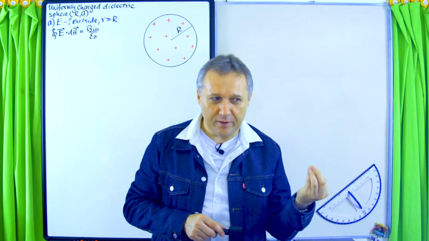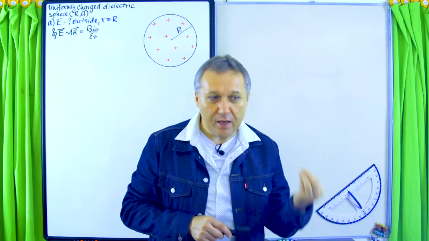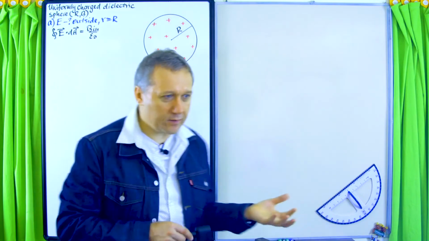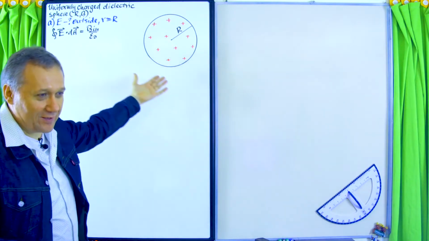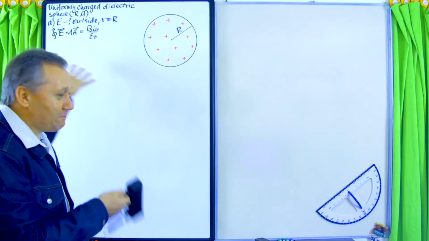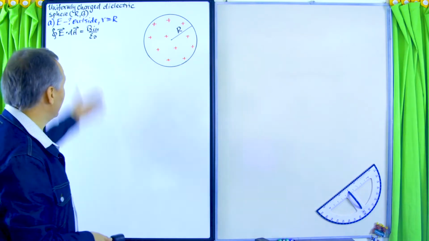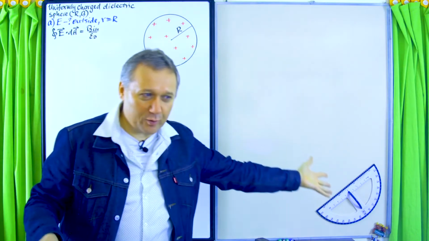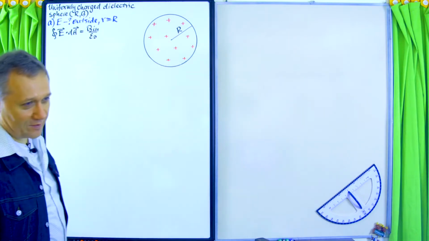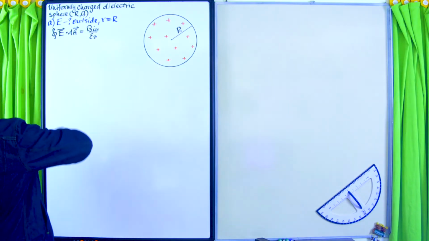So the first step in application of Gauss's law, we must pick a Gaussian surface. Otherwise, you cannot start taking this integral, because you haven't decided over which surface you want to integrate. And of course, you wouldn't be able to write the value of Q enclosed if you don't know which surface is used. First step, Gaussian surface.